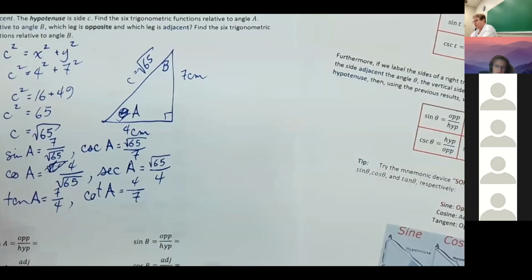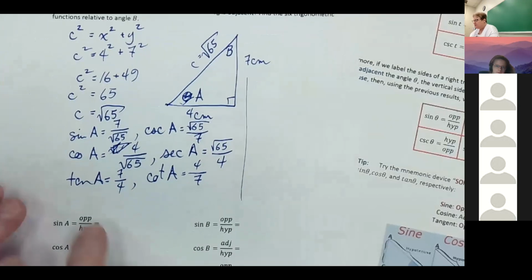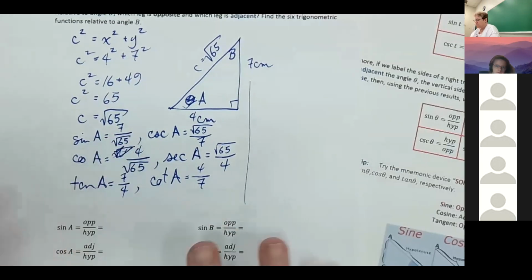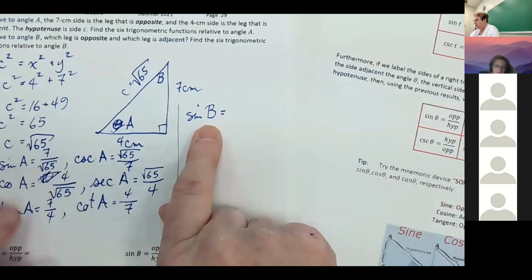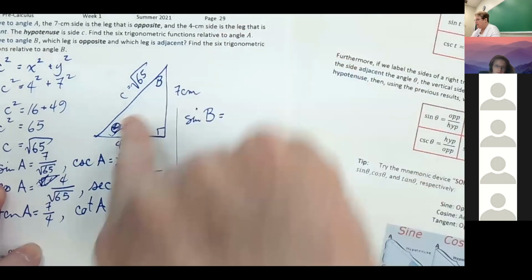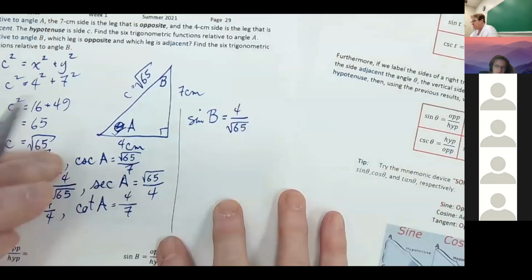That means that we can do all of these same things. It means that cosine and sine will just be opposite. Cosine will be what sine was, sine will be what cosine was. Let's see. Sine of B, sine is opposite over hypotenuse, so 4 over the square root of 65.